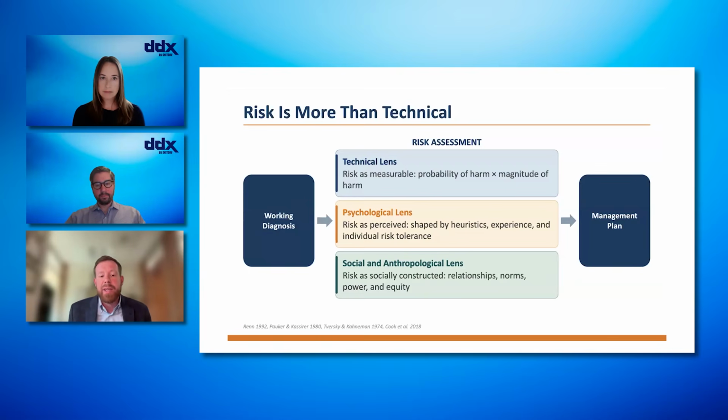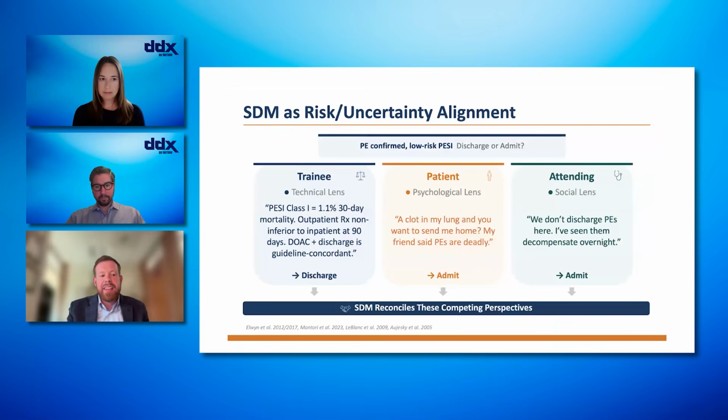So all of this is going into risk perceptions, and all three lenses are operating simultaneously. So we have to think and teach risk in that way. Let me give you an example of how that might play out, because this leads us into shared decision making, which for purposes of management reasoning, I think we should really frame shared decision making as risk calibration.